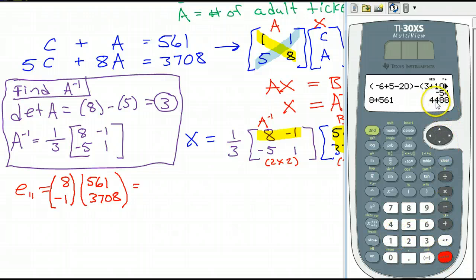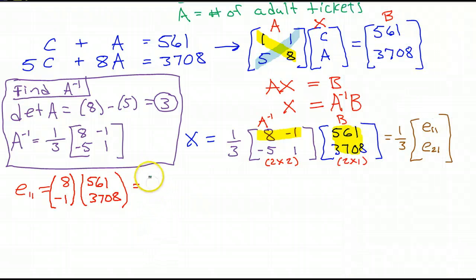Alright, 4,488. Alright, and -3,708. Okay, and then we'll add these together, and that will give us element 1, 1.